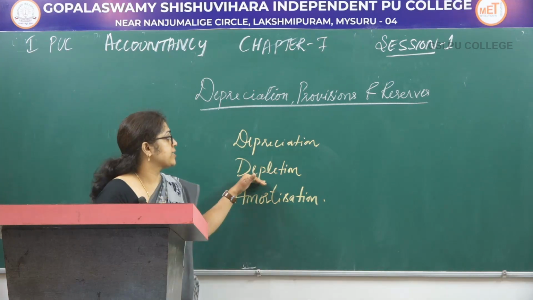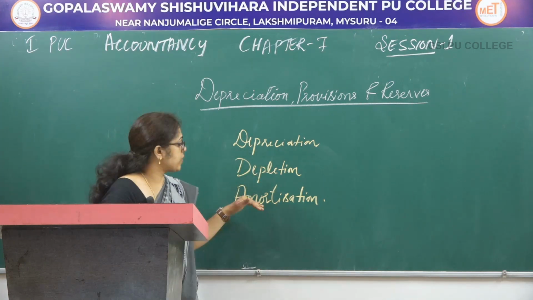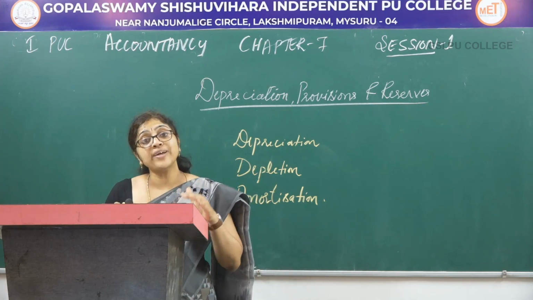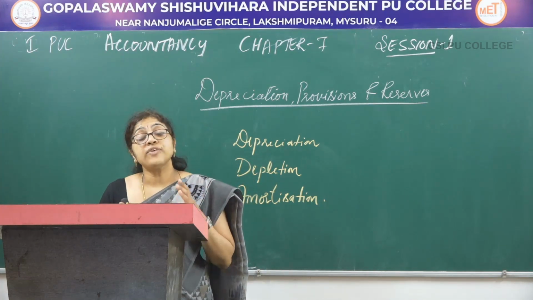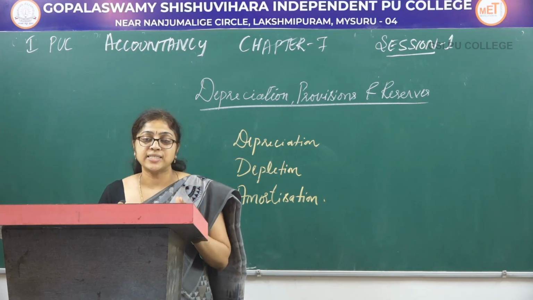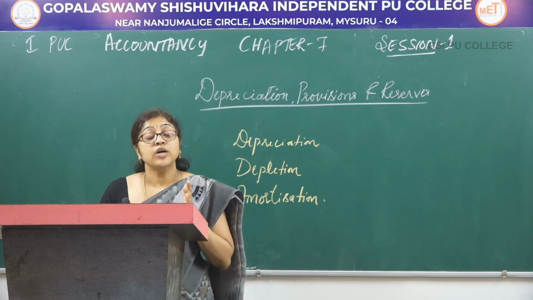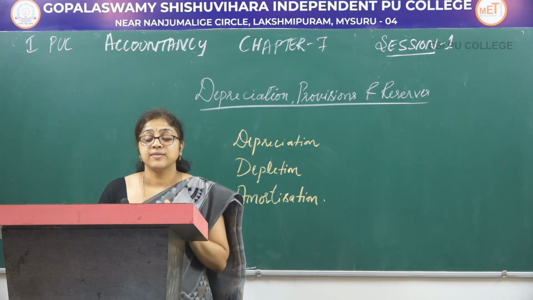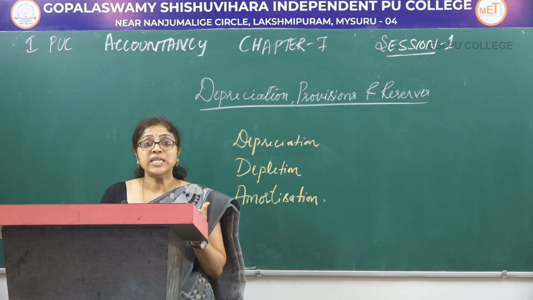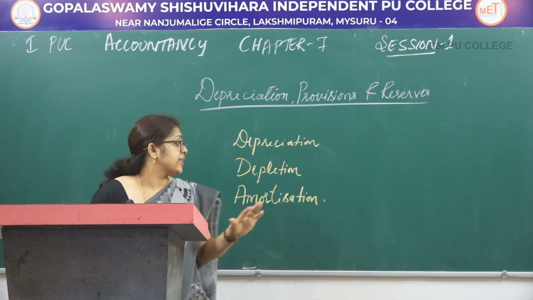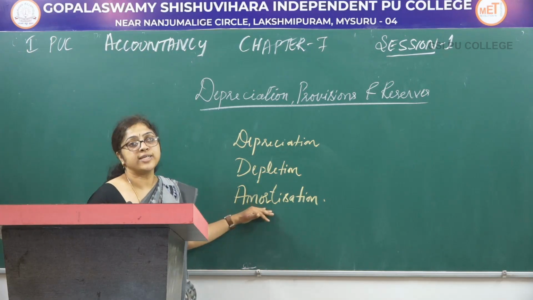It is known as depletion. Next one, amortization. Amortization refers to writing off the cost of intangible assets like patents, copyright, trademark, goodwill, etc. which have the utility for a specified period of time. That is known as amortization.